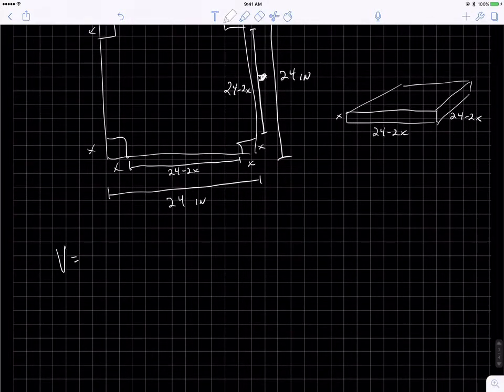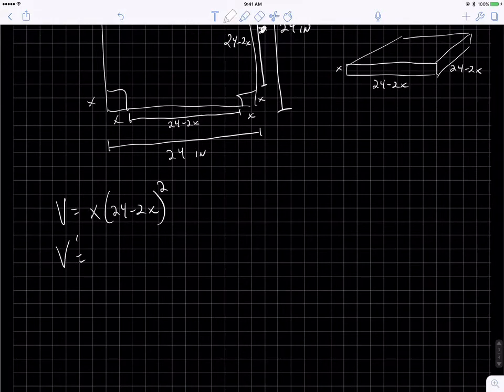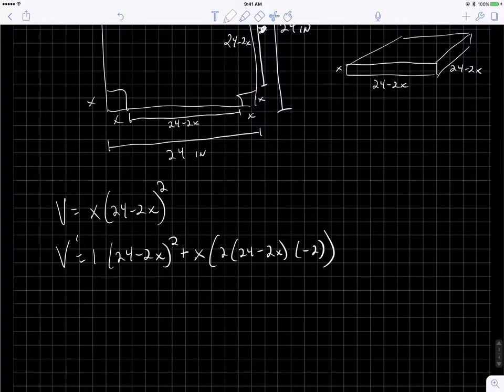So I want to maximize volume, so it's x times 24 minus 2x times 24 minus 2x. Take my derivative, it's product rule, so it's f prime times g plus f times g prime. So now I'm going to simplify.